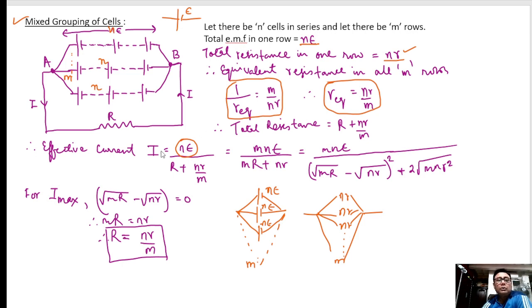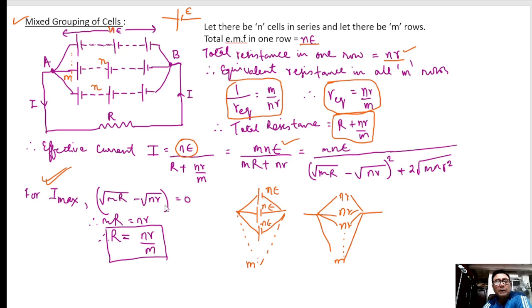Correct. So total current will be total EMF divided by the total resistance, and there is the external resistance R. So the net total resistance will be this. The total effective current will be total EMF by the total resistance, which is coming out to be this, and at the denominator we can write it like this. Now if I want the current to become maximum, the denominator has to be minimum.